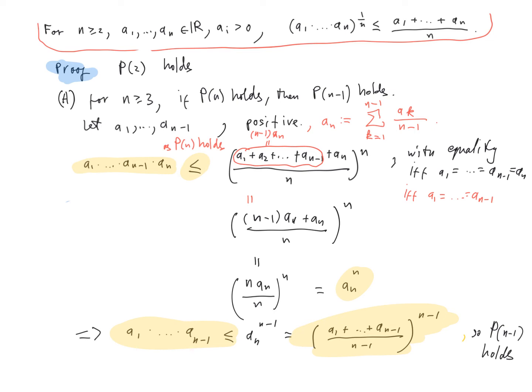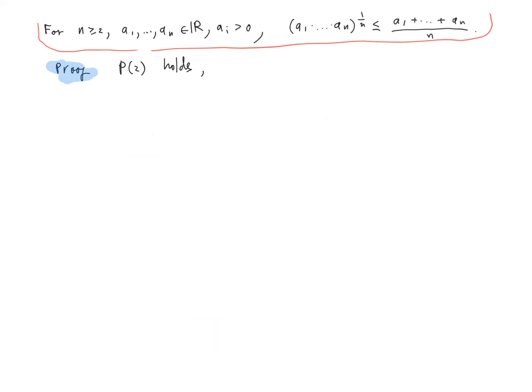And this proves the condition A from the Cauchy principle of induction. So we have so far demonstrated that P of 2 holds, and we have demonstrated that A holds. So the remaining part is to show that B holds.